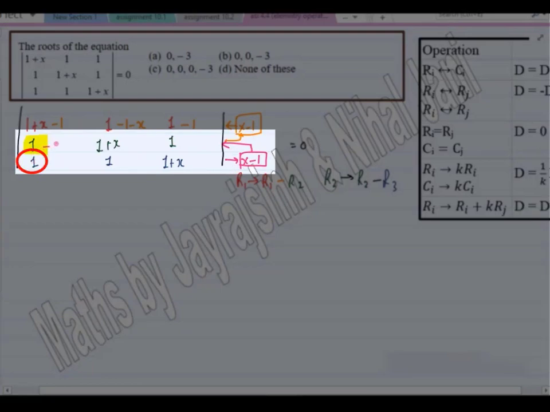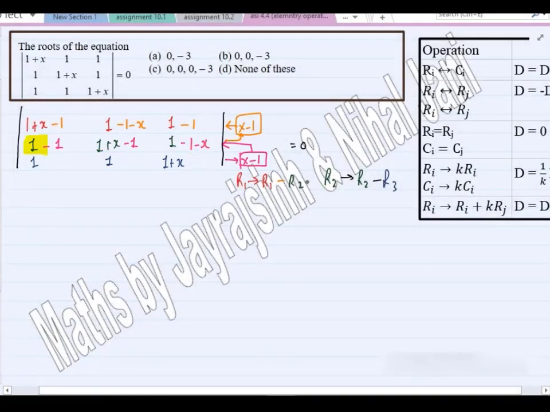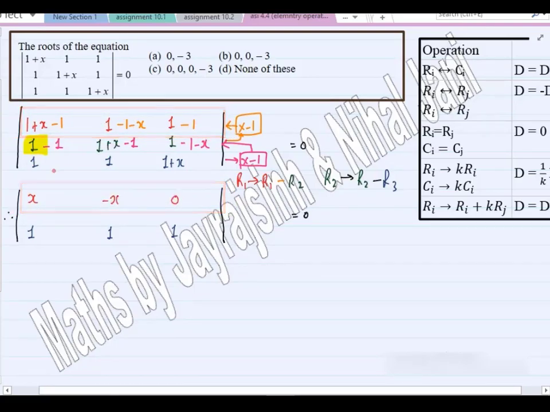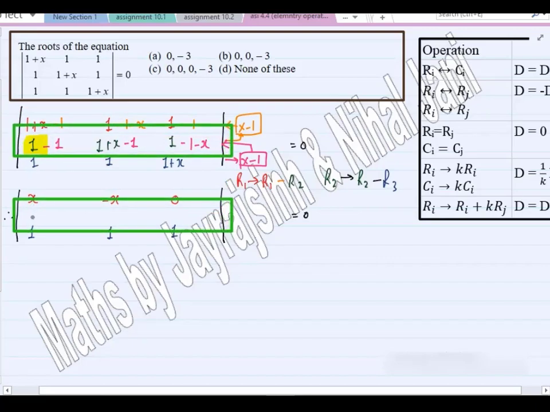So 1 minus 1 is 0, then again minus 1 and minus 1 minus x. So in both processes our third row will be as it is. Then the first row will be x, 1 cancels out, minus x, and we will get 0 over here. And the second row will be 0, x and minus x.